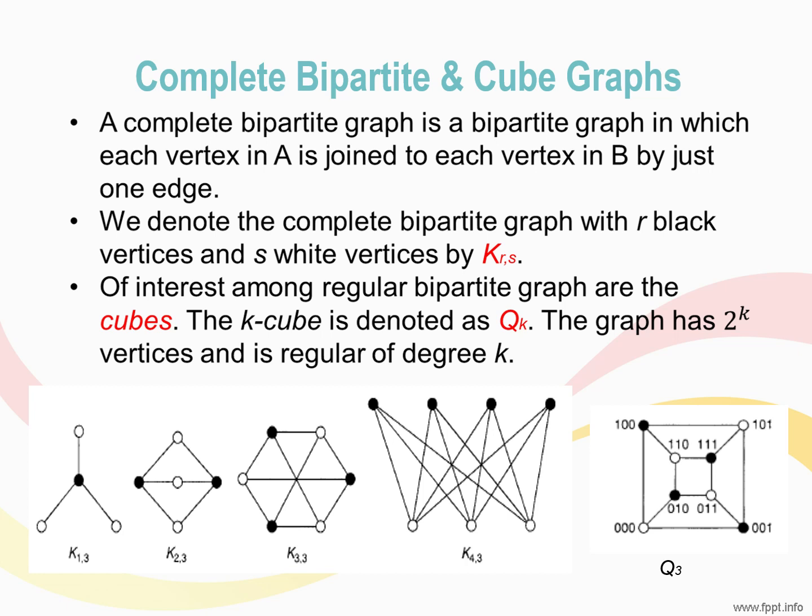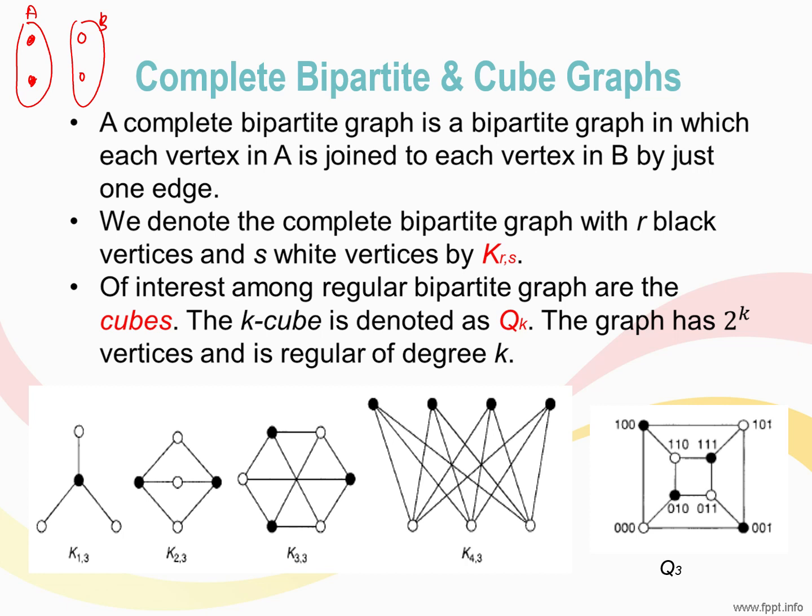For example, if you have two vertices in one set and another two vertices in another set, let's say I color the first set A as red, and set B remains as white vertices.